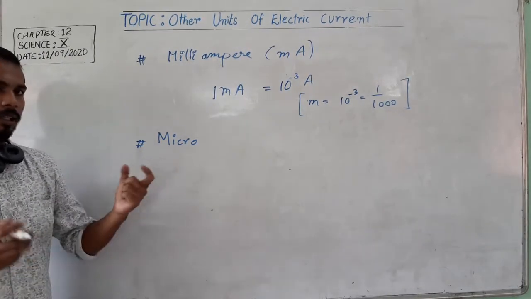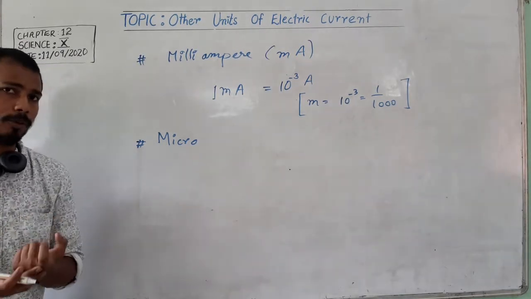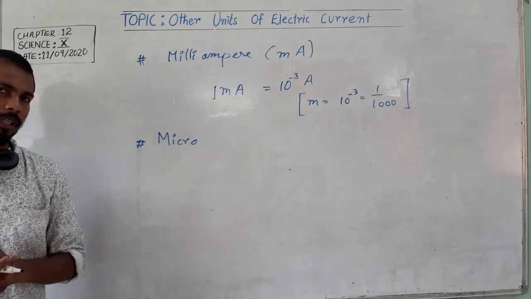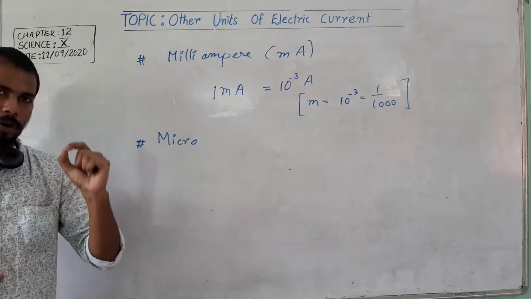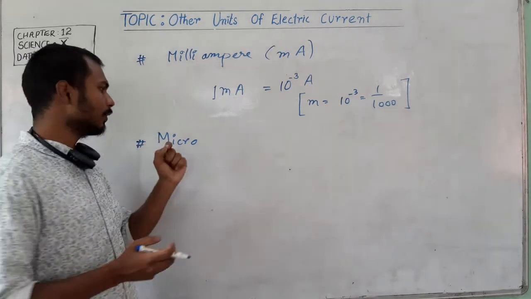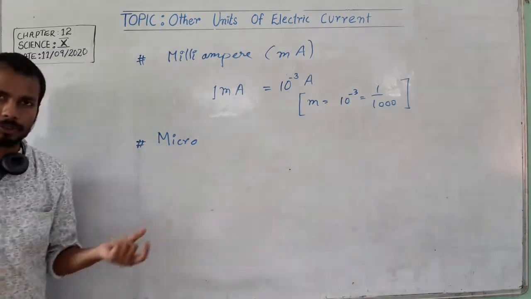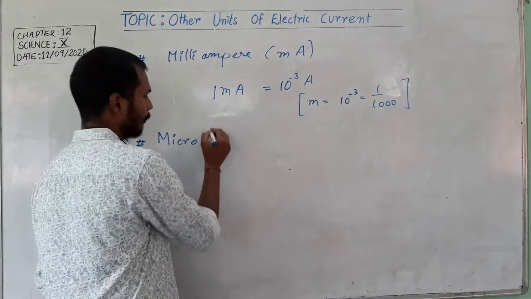So to observe a cell we have to use a microscope. Micro means very small. To view very small particles or objects or living organisms, we have to use a microscope, and this micro is for very small. Okay, so microampere.